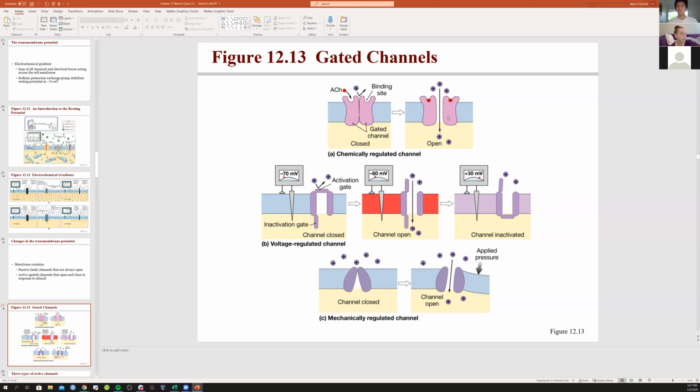This acetylcholine channel might be a sodium channel, so whenever it opens, sodium is going to rush in. These channels allow a specific ion to go through. So it opens and only sodium will rush into the cell.